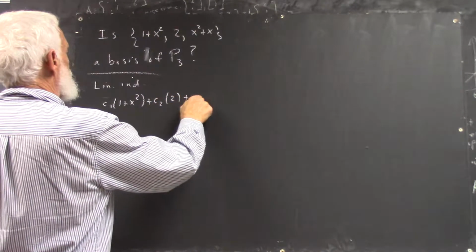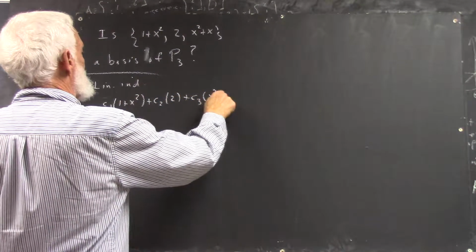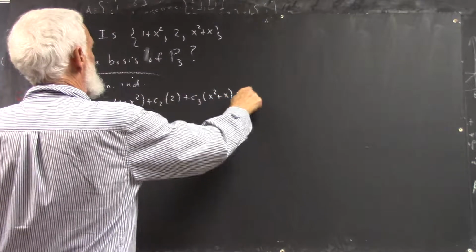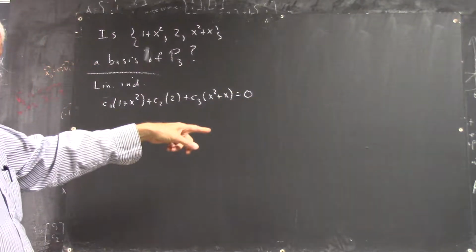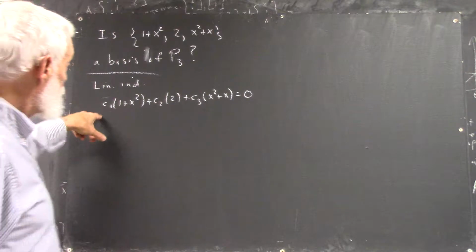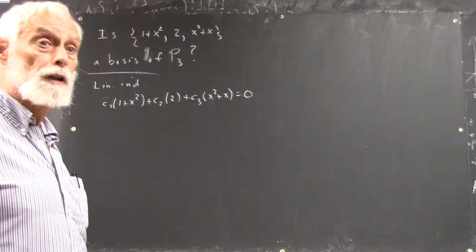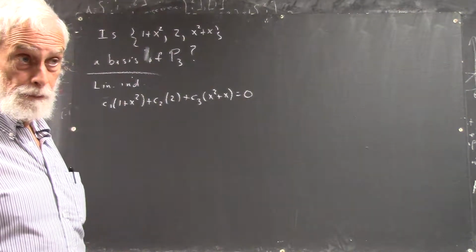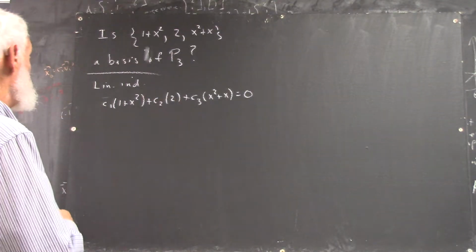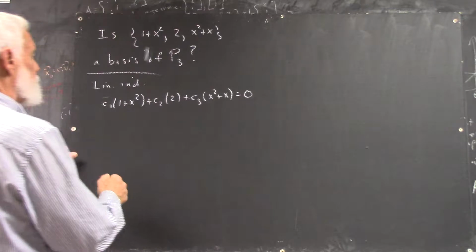All right, Taylor. Okay? Suppose this is 0. Does it follow that C1, C2, and C3 all have to be 0? Well, we can rearrange this.